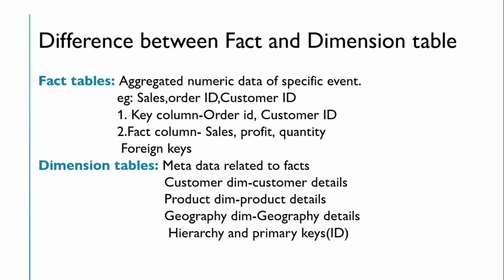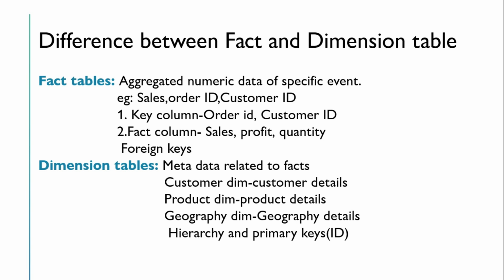So let's see what the dimension tables are. Dimensions are your metadata relating to those facts. These tables provide context of the sale transaction. Like the customer dimension contains customer information like customer name, customer surname, and so on. The product dimension holds product details like product name, product category, product subcategory, and so on.